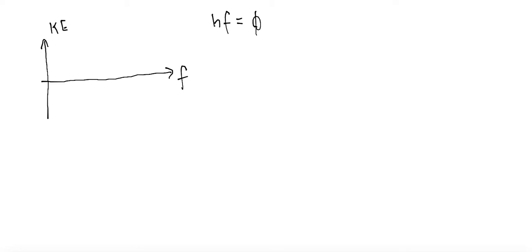We did one graph last lesson, how kinetic energy of removed electrons depends on the frequency of light. Due to this equation, hf is equal to work function plus kinetic energy, we can plot a straight line graph, because kinetic energy is hf minus work function.